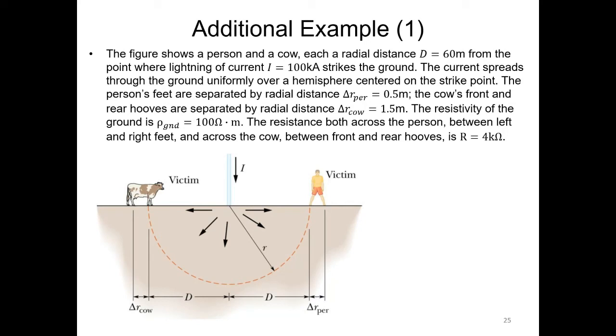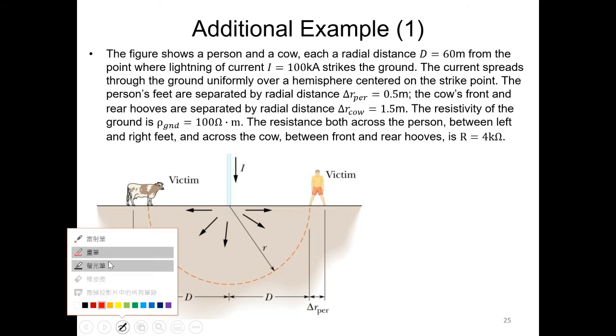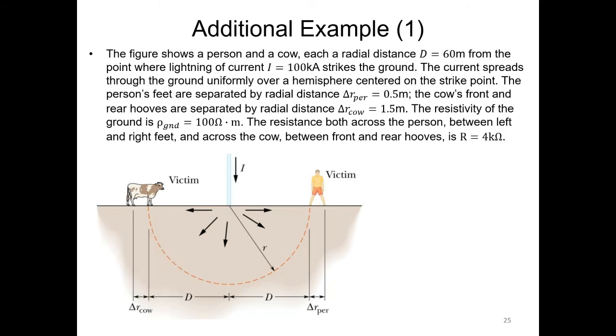Here is another additional example. The figure shows a person and a cow, each at a radial distance d from the point where lightning with current I equals 100 kiloamperes strikes the ground.